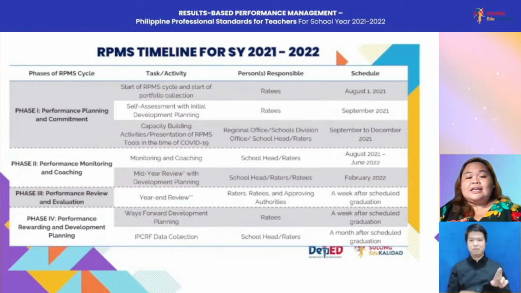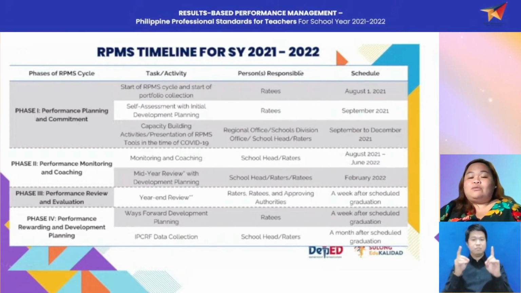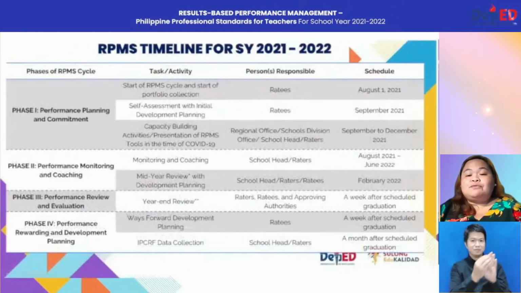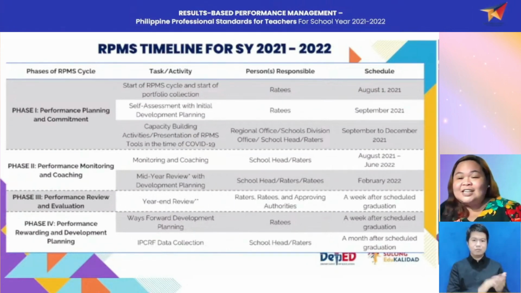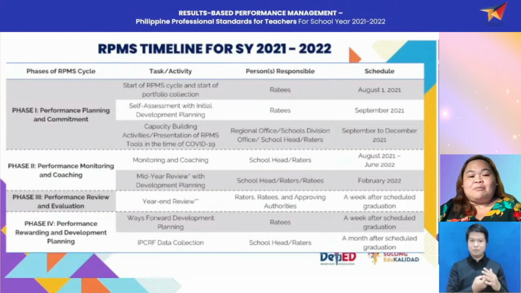So despite the late issuance of this DepEd memorandum, the indicators still cover performance for the entire school year and not just the remaining months of the school year. So, hindi po ito mag-i-start since the issuance of this DepEd memorandum.